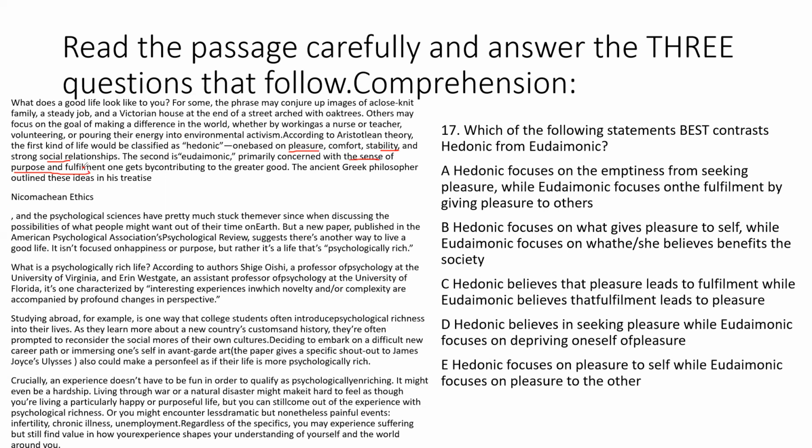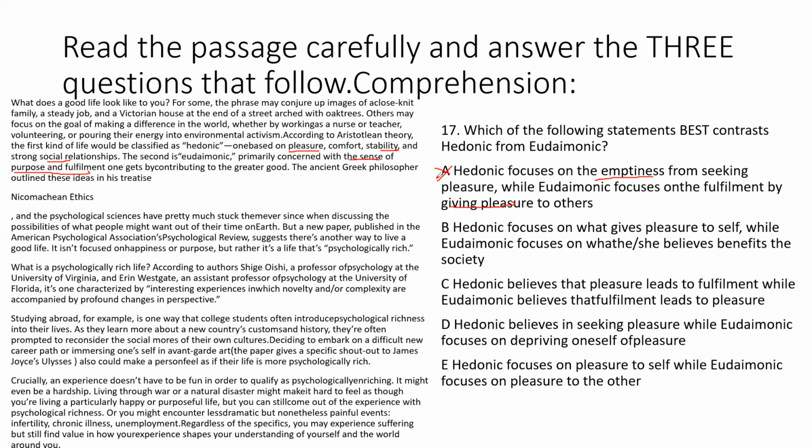Option A: hedonic focuses on emptiness from seeking pleasure, while eudaimonic focuses on fulfillment by giving pleasure to others. This is incorrect because the author did not talk about emptiness, nor about giving pleasure to others. So A goes out.